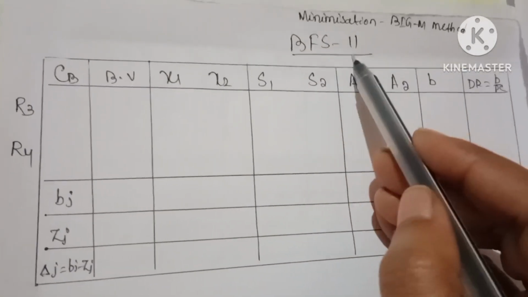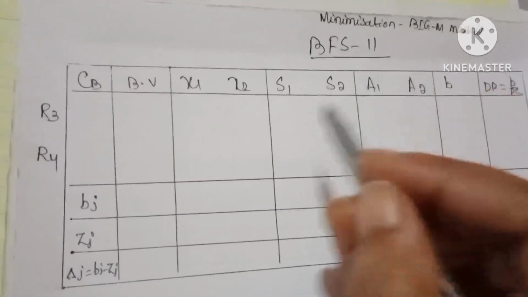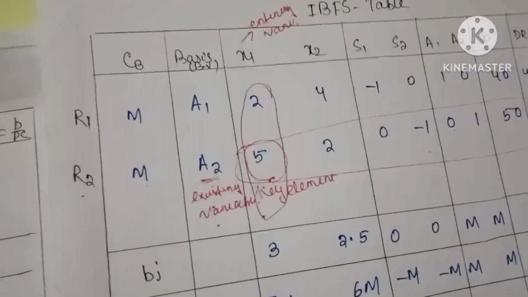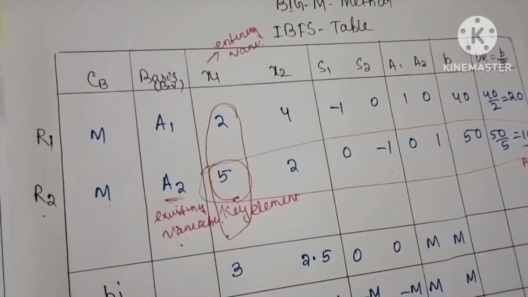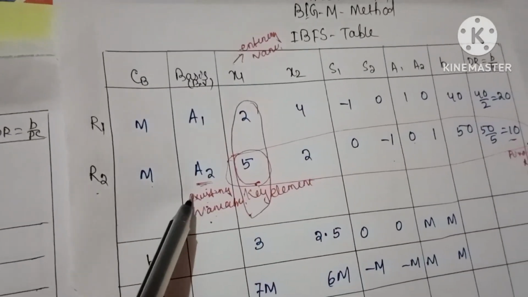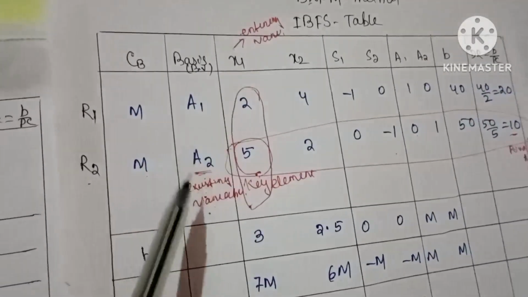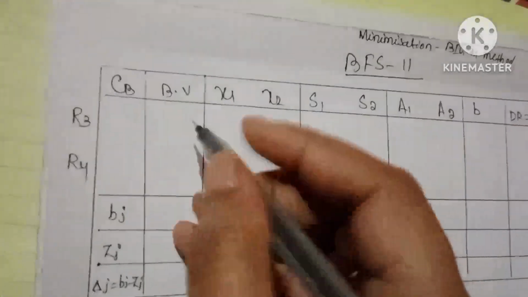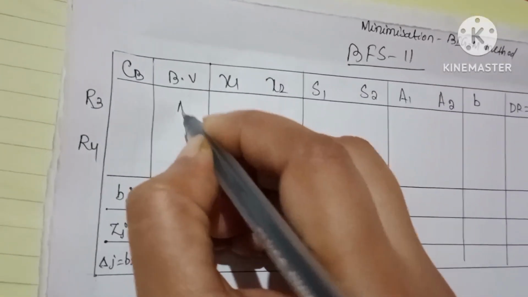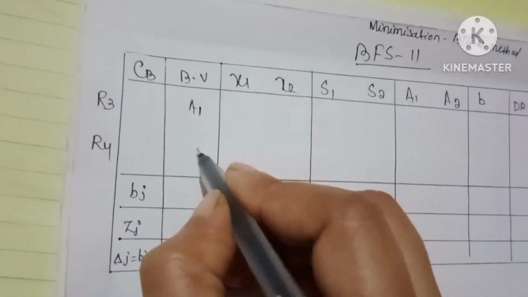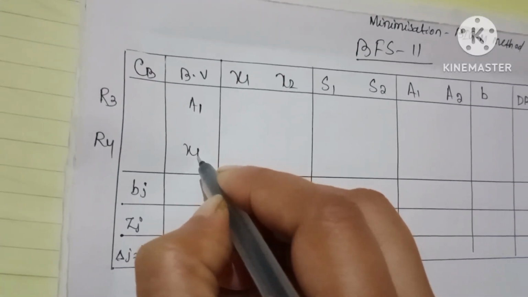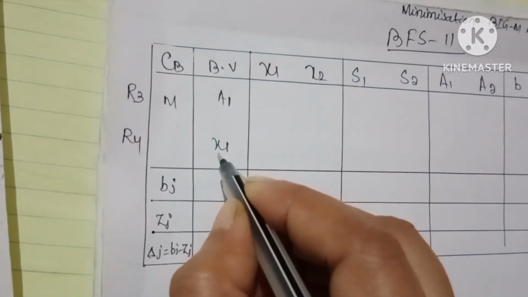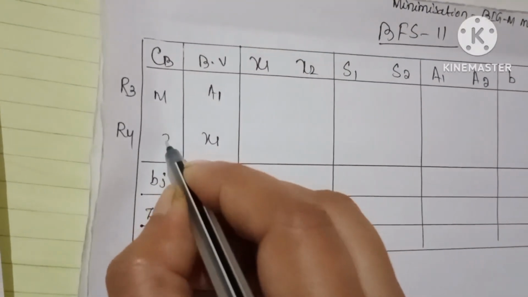Now we'll formulate BFS 2. Here we'll write the basic variables. As you know from the initial BFS, A2 is the outgoing variable and x1 is the incoming variable, and A1 will remain here. So here we'll write A1, and here x1 enters, and the coefficient of A1 is M, and the coefficient of x1 is 3.